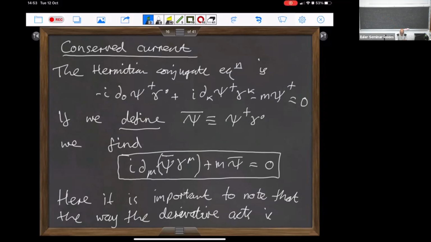Okay, so in order to derive the conserved current, we have to look at the Hermitian conjugate of the Dirac equation. So if we do that, we just take the Hermitian conjugate of everything, then we get this equation here.